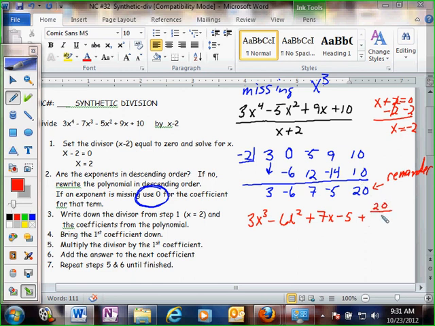But the way I want to write that is as a fraction. It's the remainder over the divisor. So it's going to be 20 over x plus 2. And this is my answer.